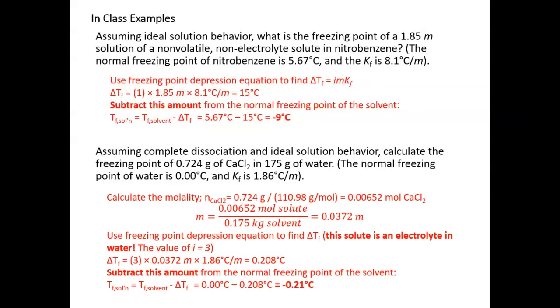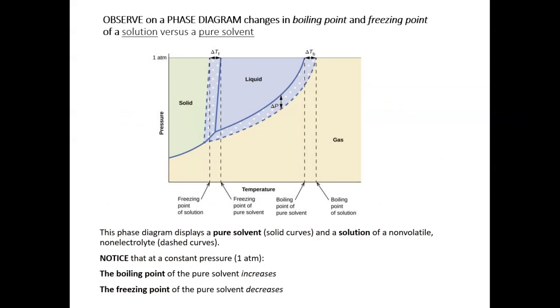A calcium ion and 2 chloride ions, right? Okay. So for example, when you would be practicing number 22, your I value would be 3. Very good.